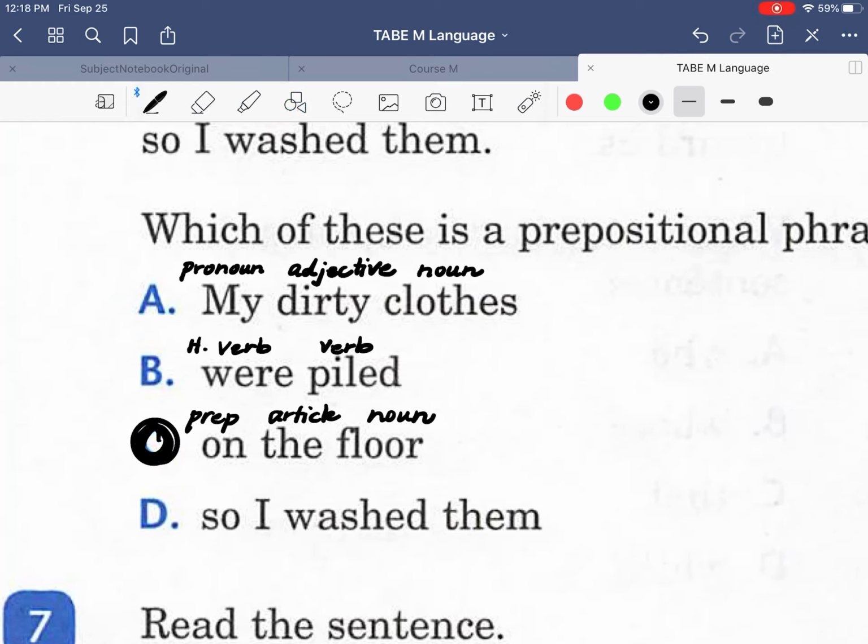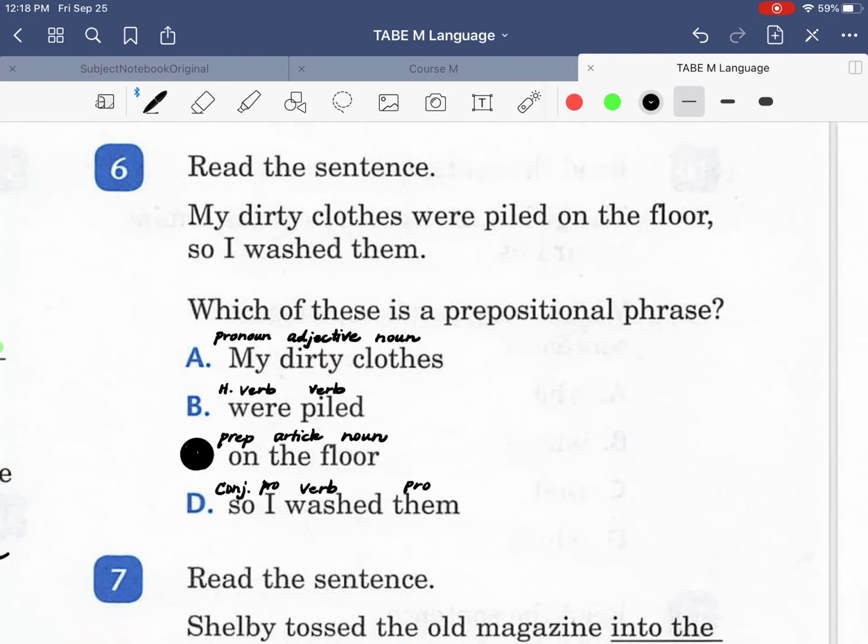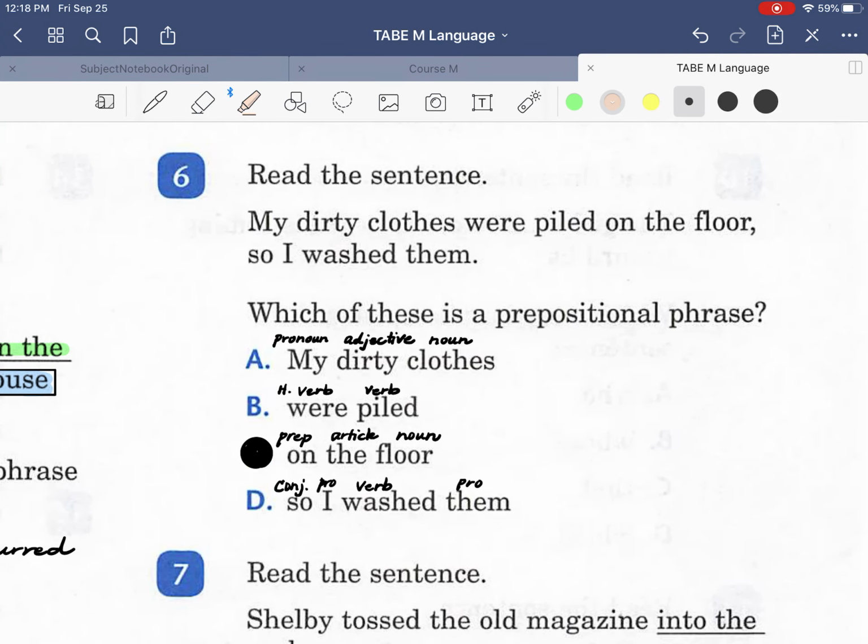But let's go ahead and break this one down. So is a conjunction. I is a pronoun. Washed is a verb. Them is a pronoun. The prepositional phrase is on the floor. It tells where the clothes were piled. So it's an adverb prepositional phrase. It tells where.